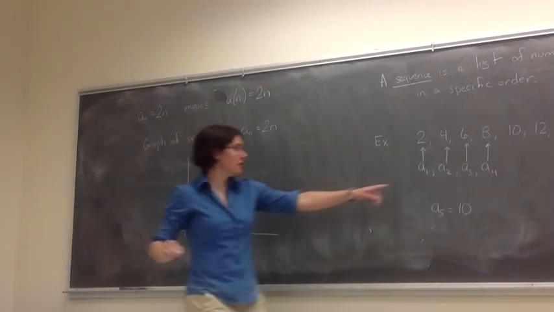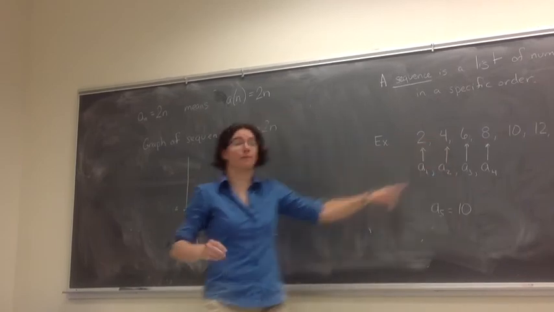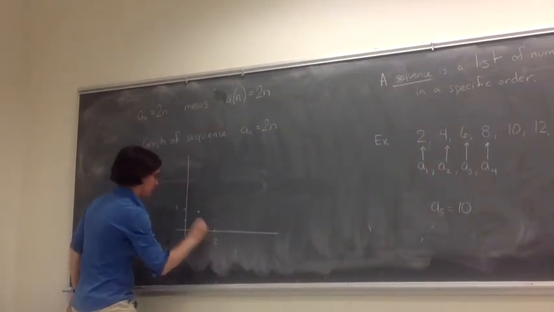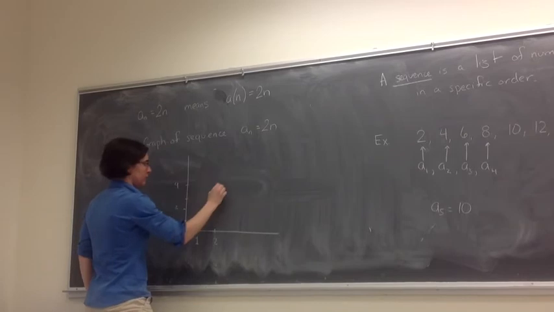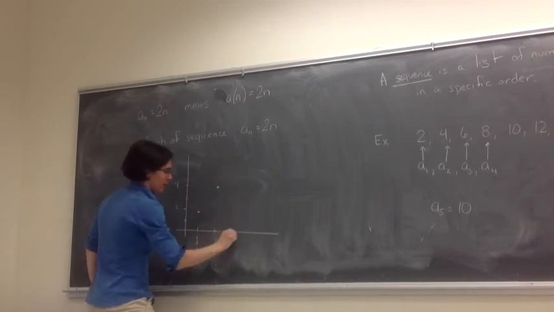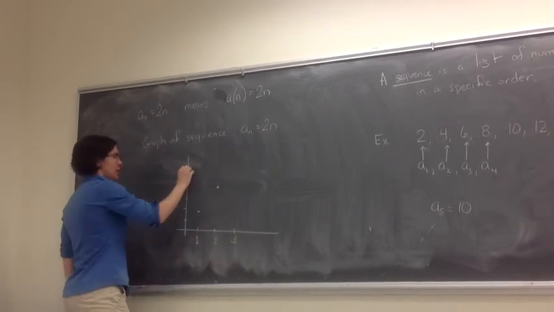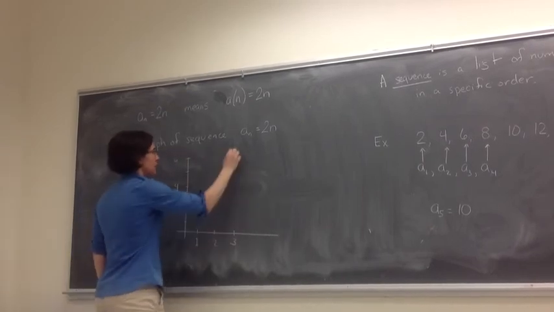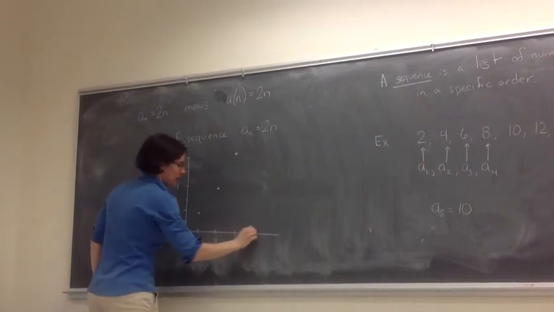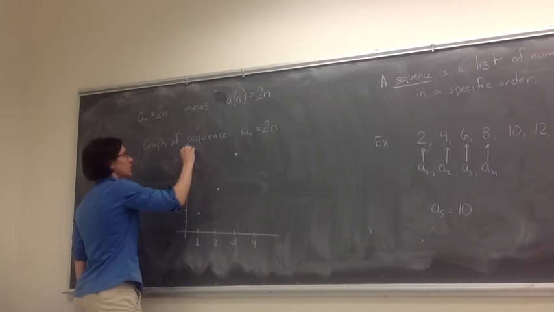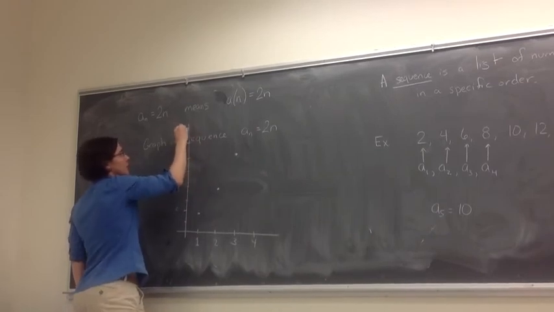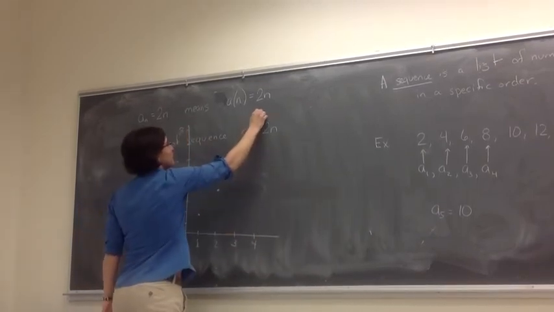And if I plug in a 2, the output that I get is 4. If I plug in a 3, A3 is 6. And if I plug in a 4, well, A4 is 8.